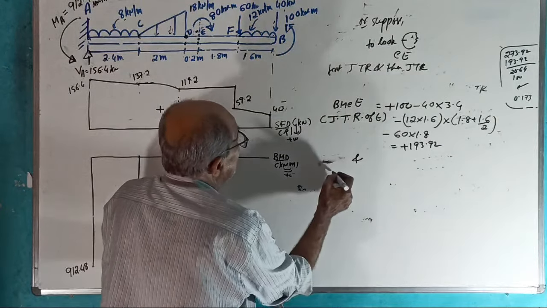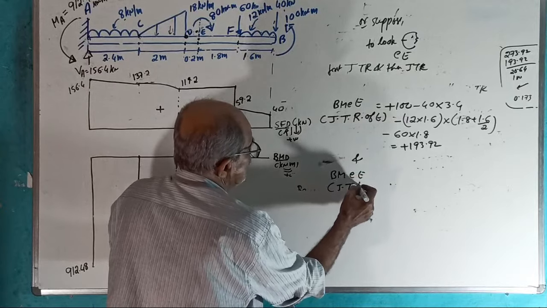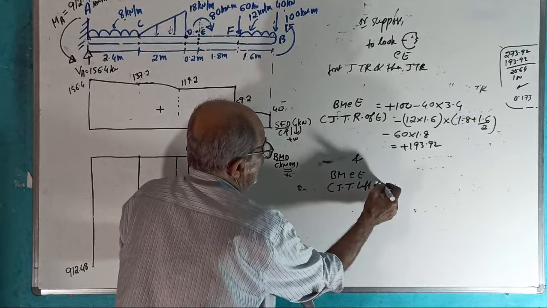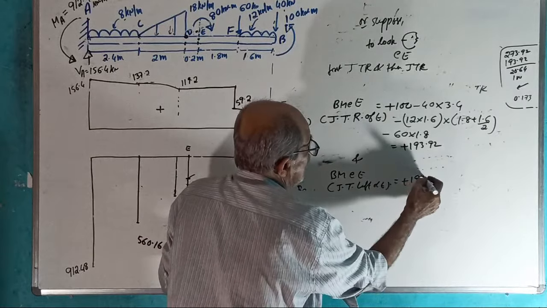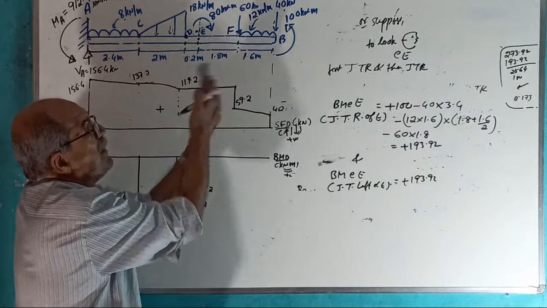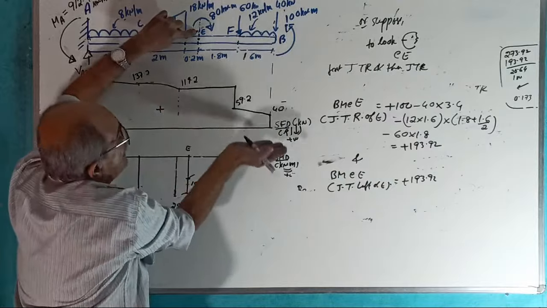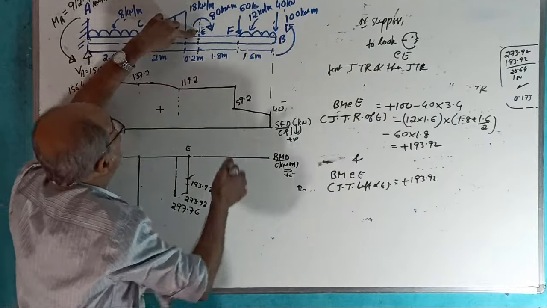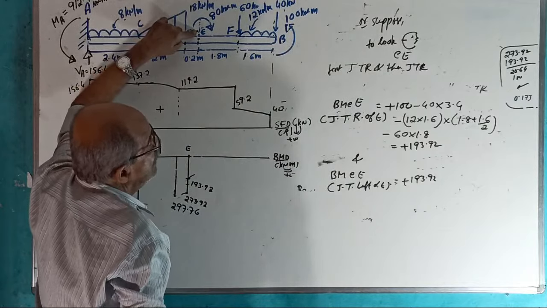Then bending moment at E just to left of E equals the same answer copied plus 193.92. You come one step back. When you come here, see, it is minus 80. Be careful. When you come here, it is minus 80.